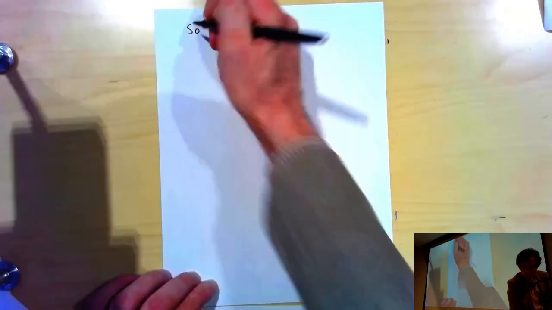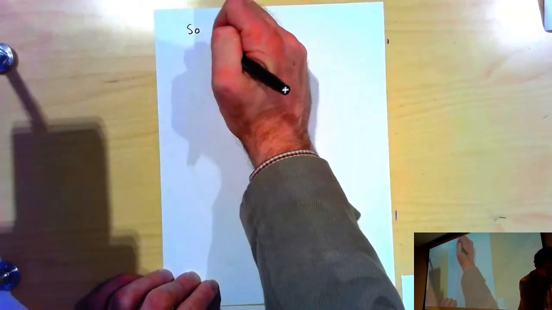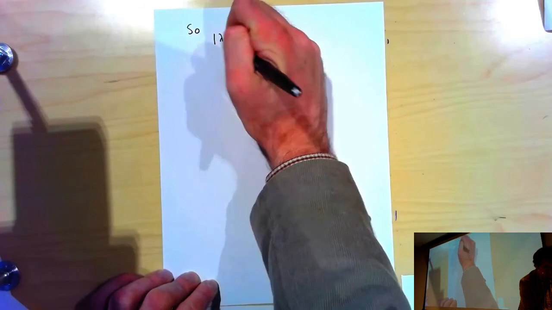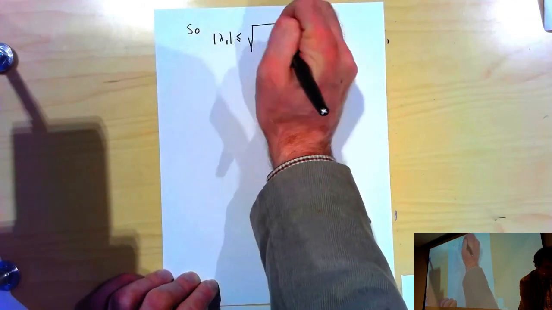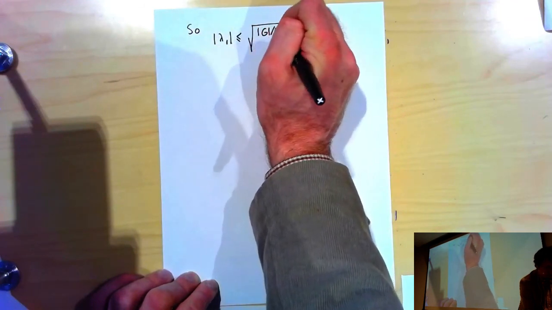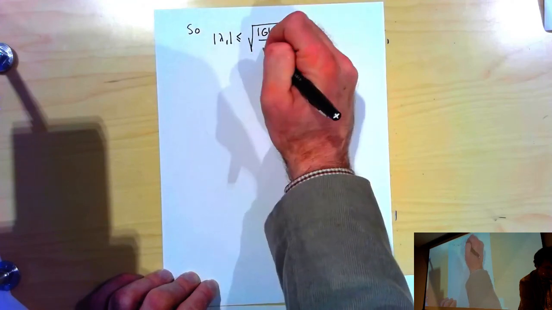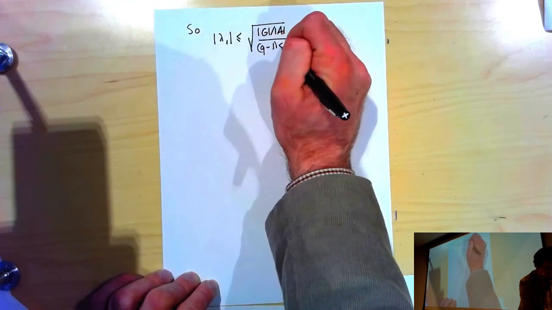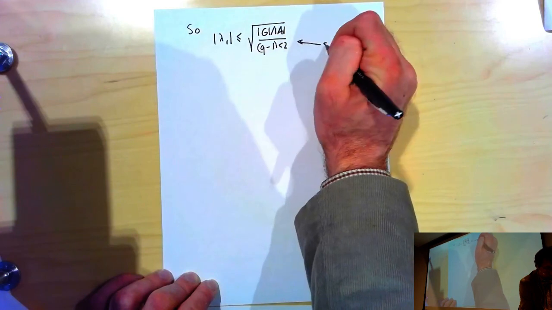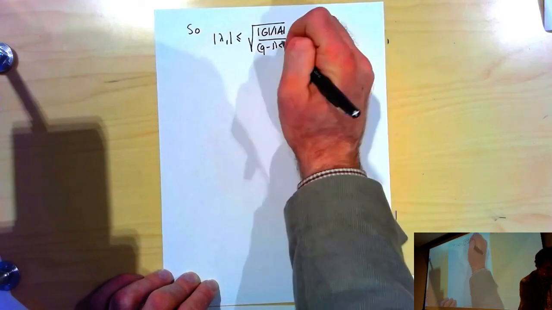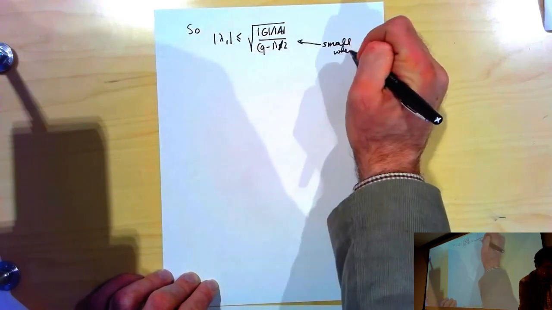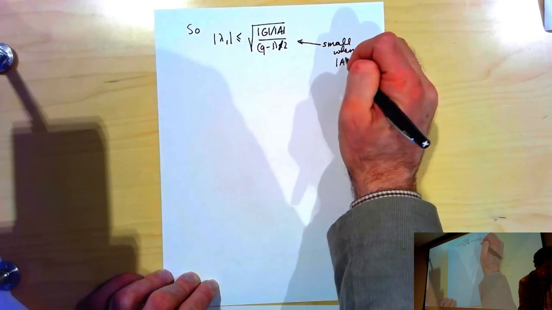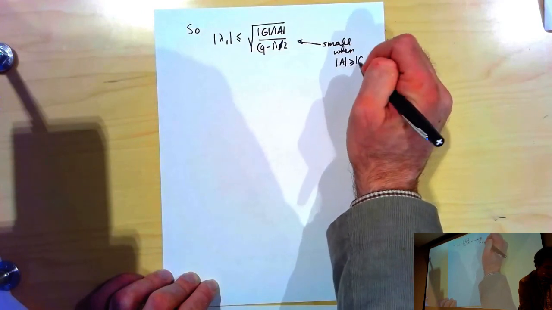So we obtain that lambda 1 is at most G over A, and this is actually quite small when A is large, when A, as in our case, is bigger than G to the 1 minus O of delta.